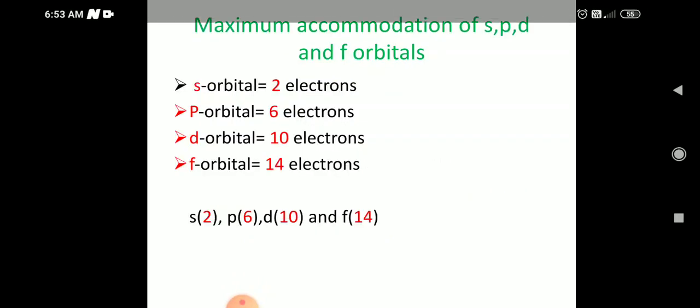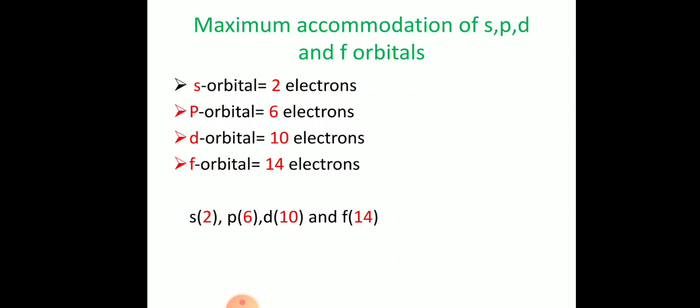Next, maximum accommodation of s, p, d and f electrons. That means in an s orbital, what is the maximum number of electrons we can accommodate? In s orbital, the maximum accommodation is 2 electrons. In p orbital, 6 electrons.